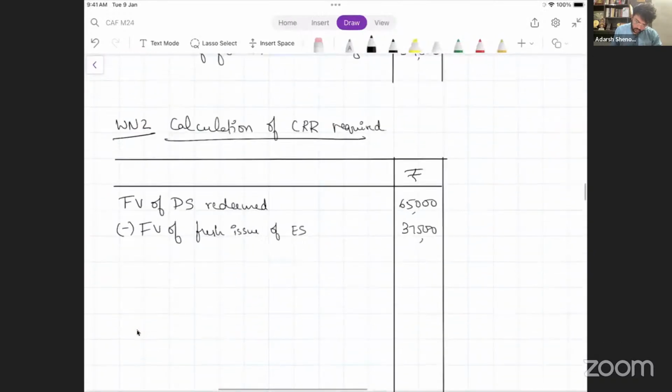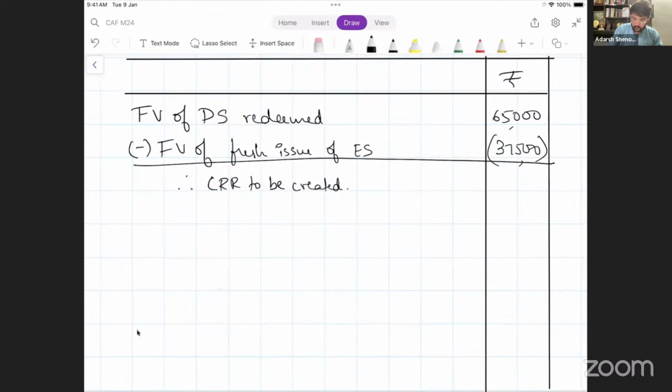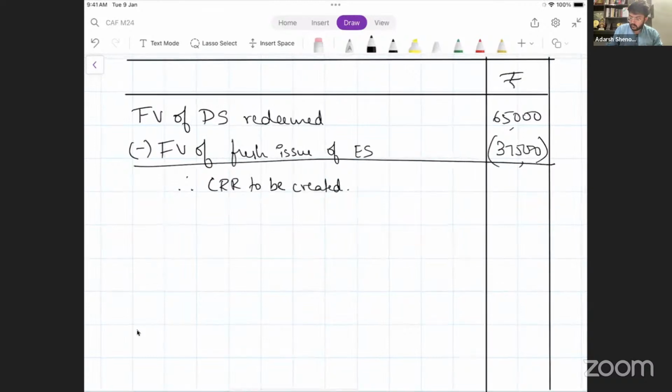So 37,500, and the rest through CRR. No, no, one minute. 65,000 minus 37,500 is 27,500, not 22,500. 27,500.